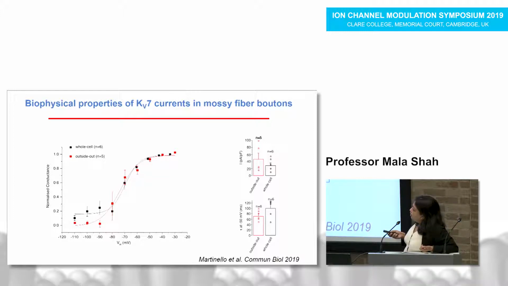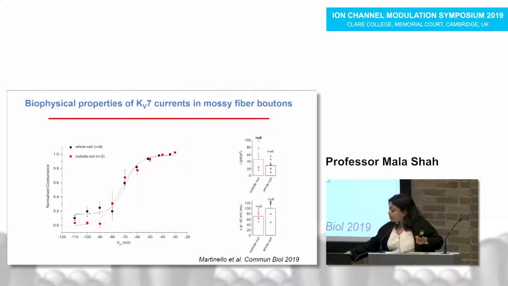One thing that was very unusual was that the V half of this Kv7 current was around minus 70 millivolts, which is a little bit more negative than what had been reported initially in SCG neurons, but is consistent with the biophysical properties of the current that we recorded at the soma of these granule cells and in hippocampal CA1 neurons.